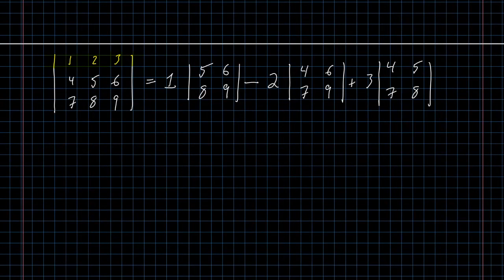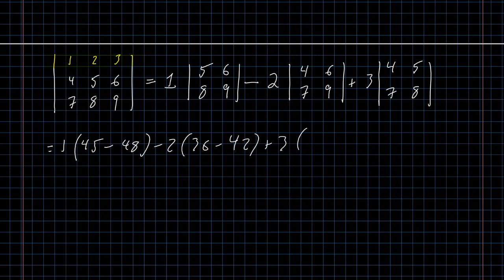And I know how to take the determinant of a 2 by 2 matrix. 5 times 9 is 45. 8 times 6 is 48. 4 times 9 is 36. 7 times 6 is 42. 4 times 8 is 32. 7 times 5 is 35.